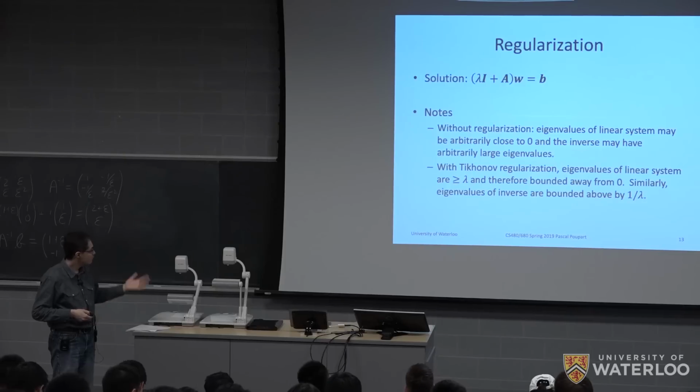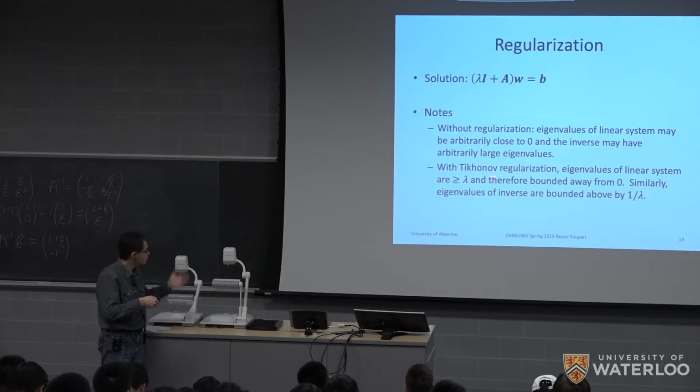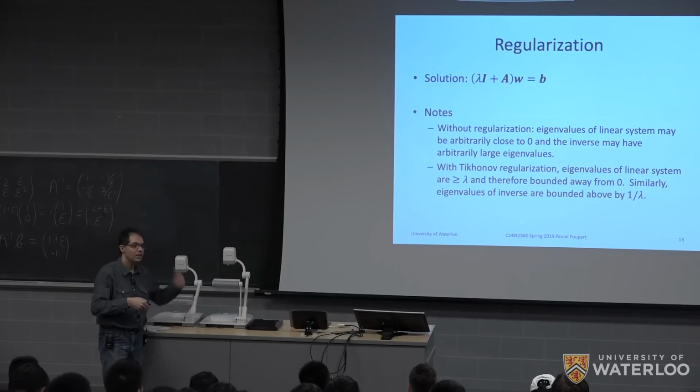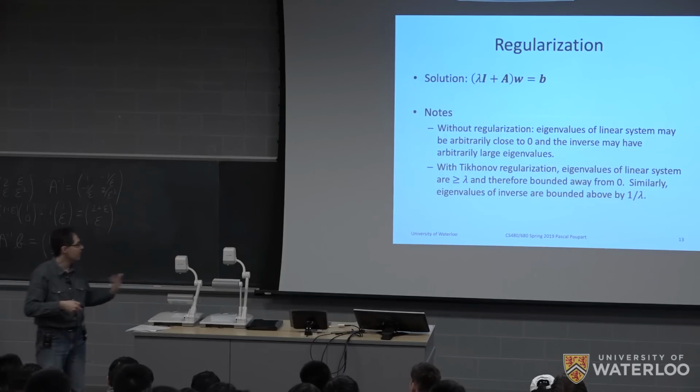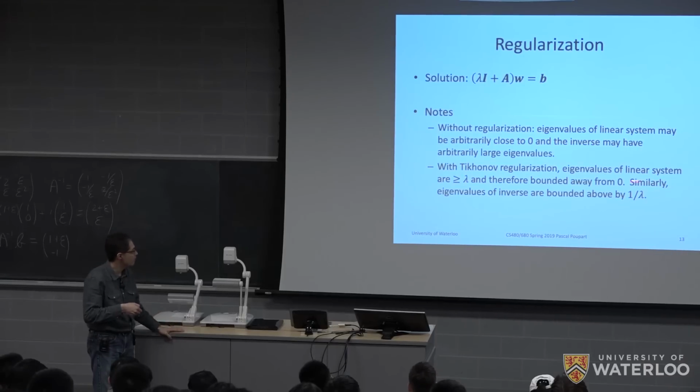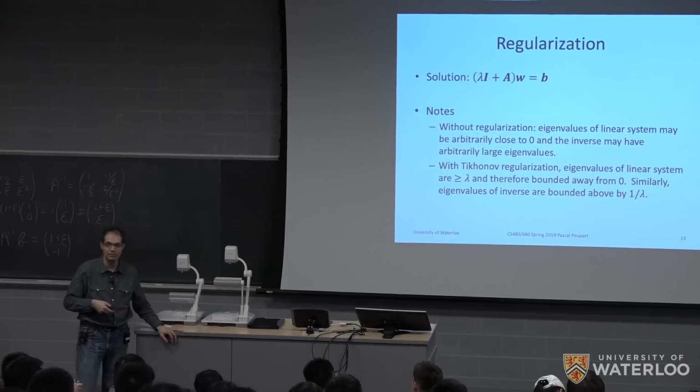If you use Tikhonov regularization, which is what I just explained, then we essentially force the eigenvalues of the system to be at least lambda because of this term here. Therefore, the eigenvalues are bounded away from 0. Taking the inverse will not be a big deal, and we're going to get eigenvalues for the inverse that are bounded above by 1 over lambda.